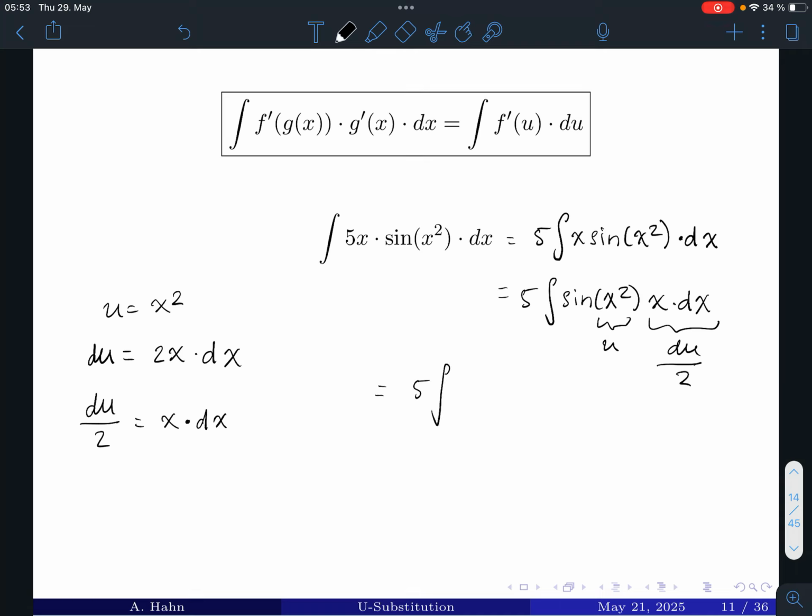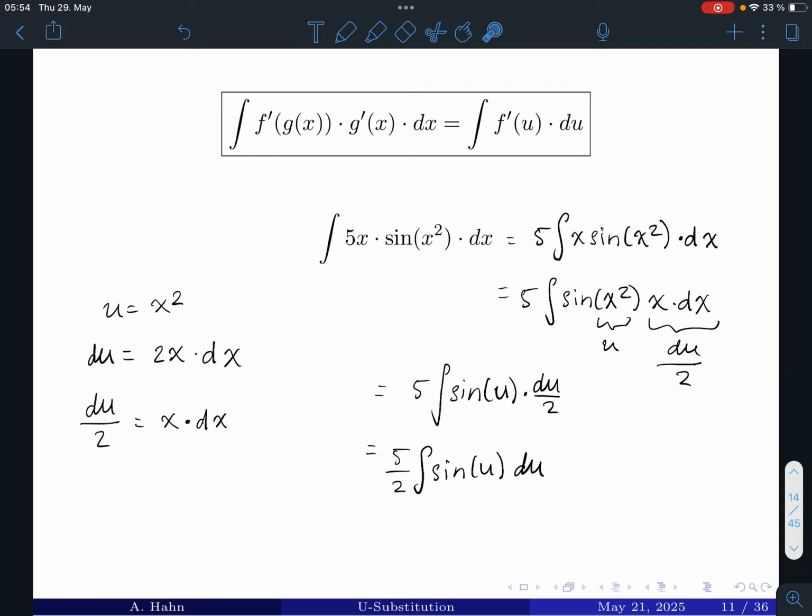And so then this integral is going to become 5 times the integral of sine of u times du divided by 2. And then just like previously, we're going to pull out all constants, just like we saw in the previous example. So this is going to be 5 over 2, the integral sine of u du.